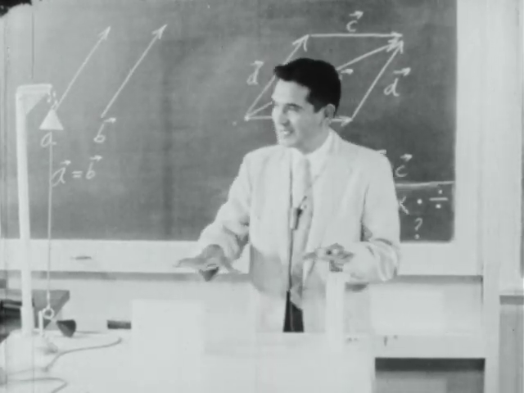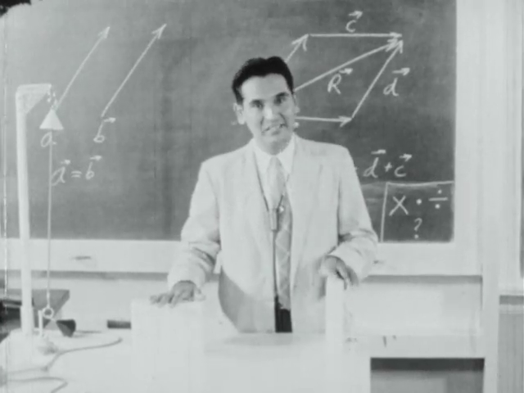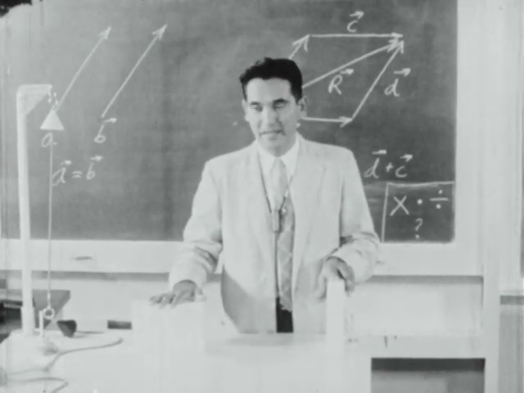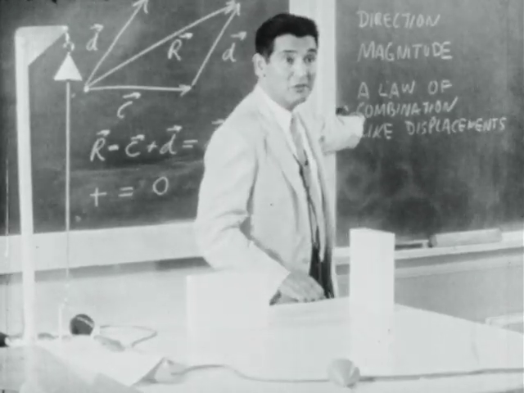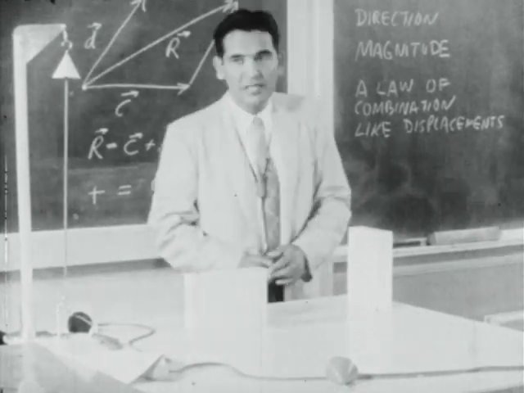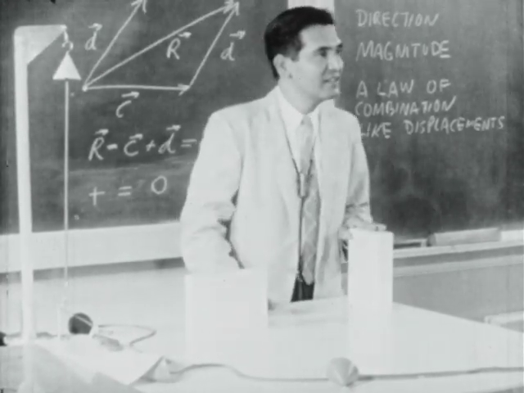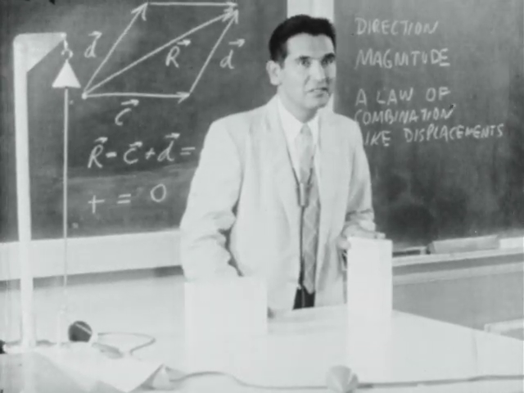All right, the moral to this little story is that it's not enough to have direction and magnitude. It has to obey the law of combination, which was peculiar to displacements. And therefore, we can't go about accepting anything that comes along as a vector simply because it has direction and magnitude.